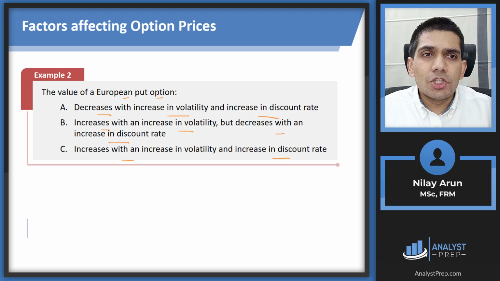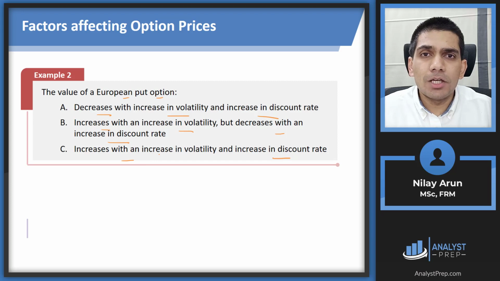Now, what is the relationship with volatility? Remember, volatility affects all the options in the same way. So if the volatility was to go up, the value of all the options is going to go up. So increases with an increase in volatility, that's a given. So we know that that's going to happen. So it should be either B or C.